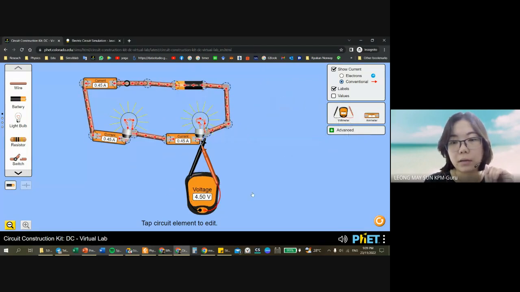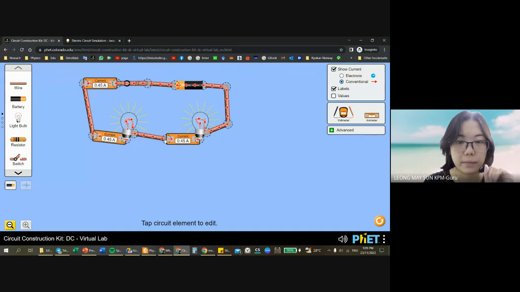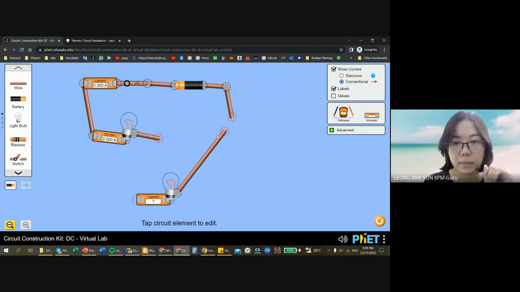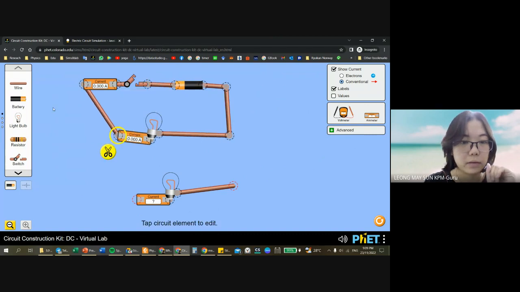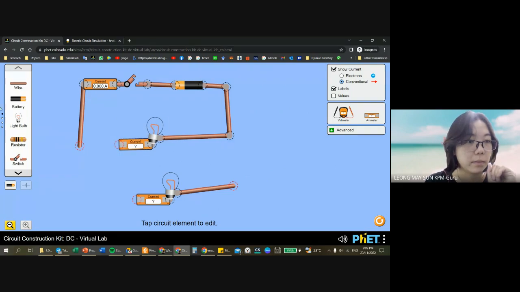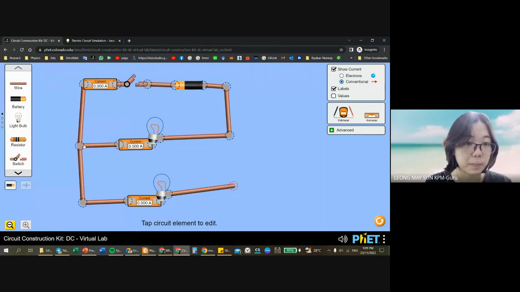Throw this back in. Open the switch first. So you see, when the current is supposed to come out from the positive terminal, there's a split already.